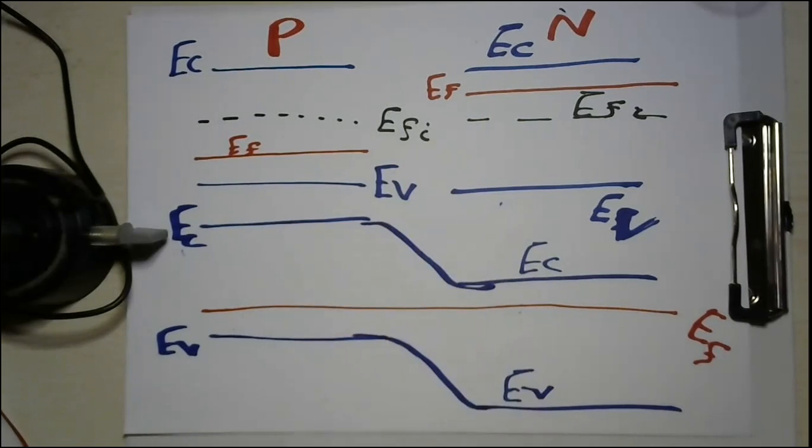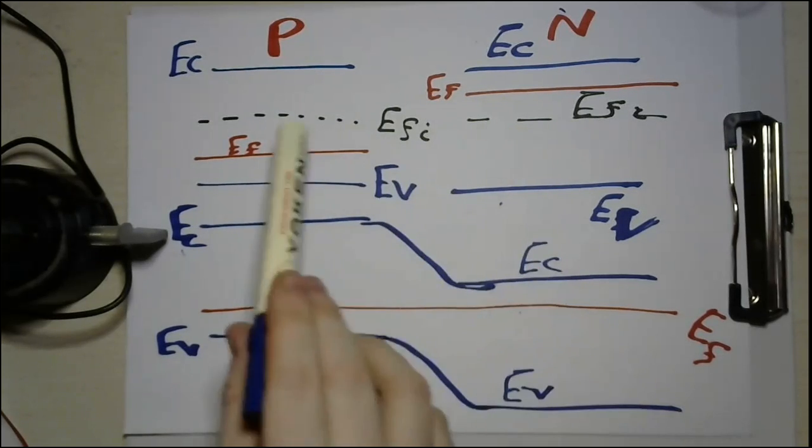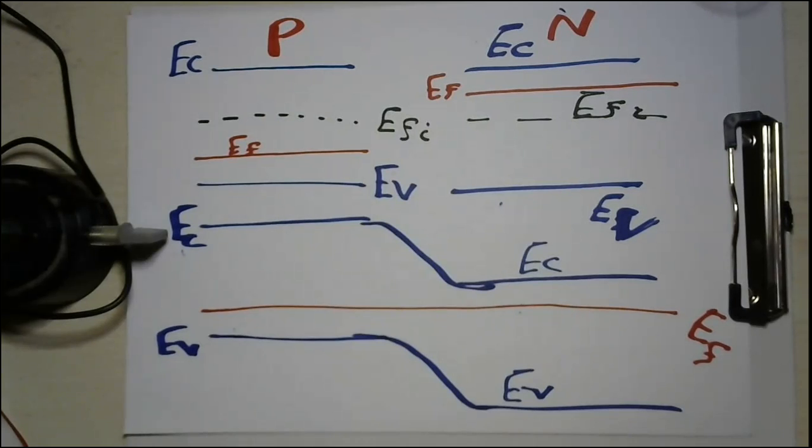What is important for me, my dear students, is to know how to plot such an important and interesting energy band. I believe this is somehow easy. We start with the Fermi level, flat, then we plot EV and EC with respect to it, and then we make this linking between the ECs and the EVs.